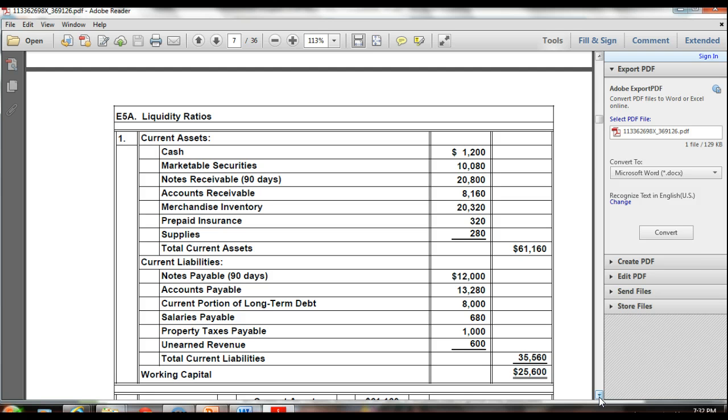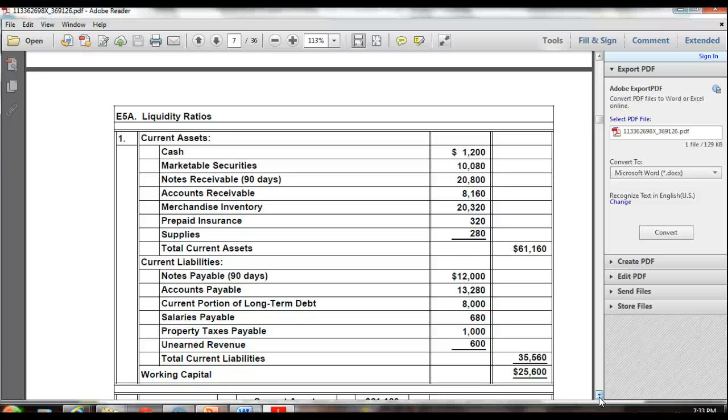So as you see here, the long-term portion of our notes payable, the long-term portion, current liabilities, the short-term portion of our notes payable, the accounts payable, the current portion of our long-term debt, salaries payable, property taxes payable.